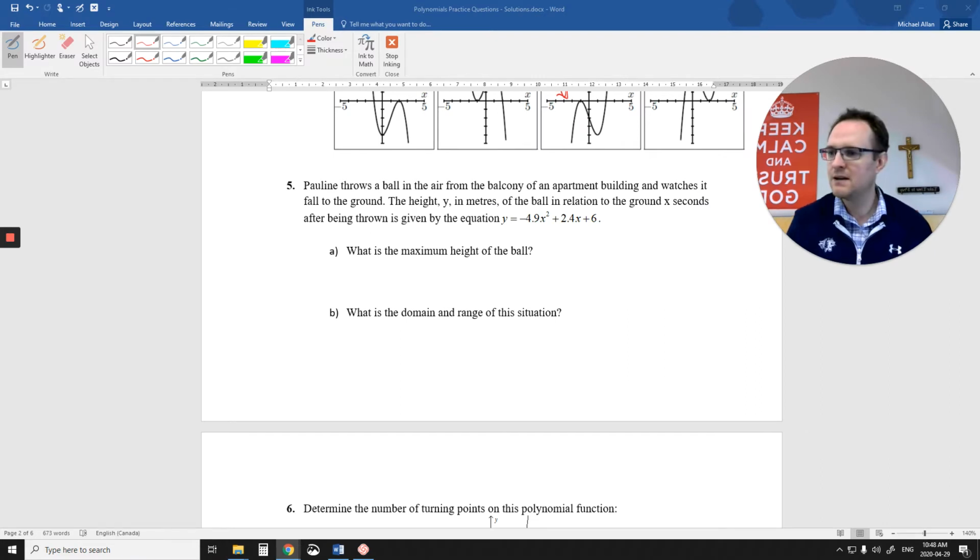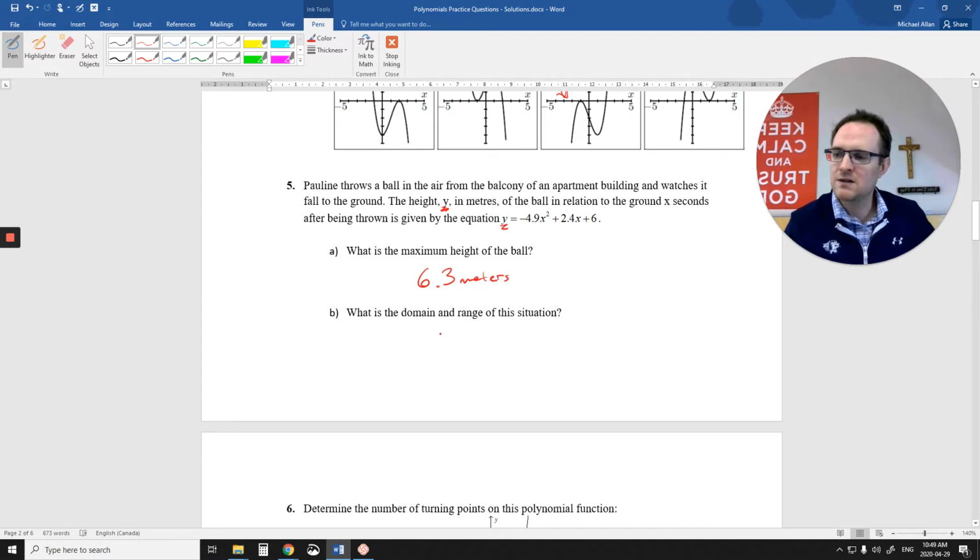So what's the maximum height? Now, the y value, I believe, is the height. So you look at the maximum height, you just pull out the y value. 6 point, it doesn't specify, so let's go with 1 decimal place here: 6.3, it's in meters.